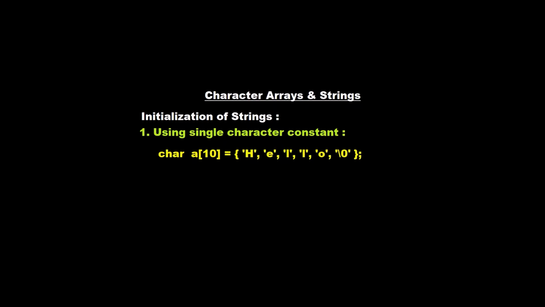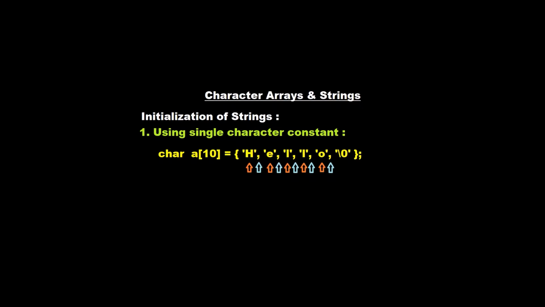Char a of 10 is equal to, inside curly braces, H E L L O. All these individual characters are inside quotes and they are separated by commas.